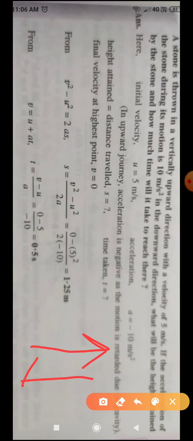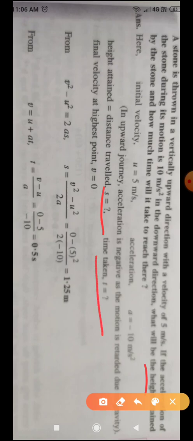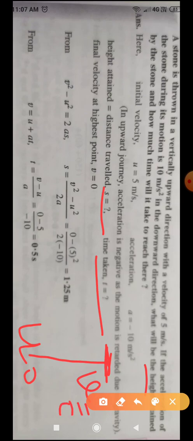Fine. Now the first thing they are asking is to find the height. We should find s or h, the same thing, and the time taken t. One more thing: when a body is thrown from this point and reaching this point, it attains some initial velocity, and later on when the body reaches the top, when the velocity becomes 0, at that point the body will start coming downside.